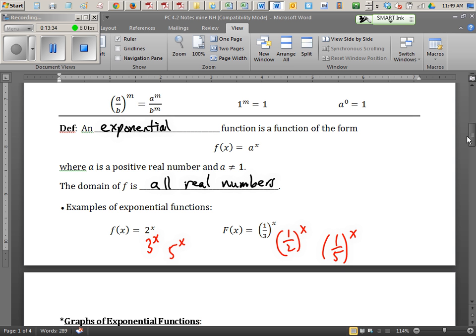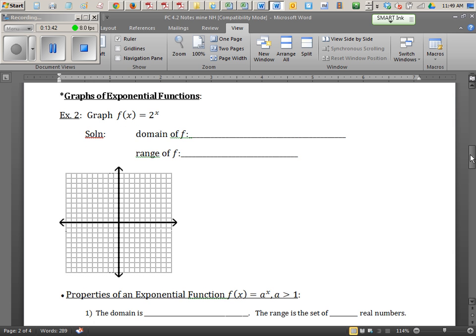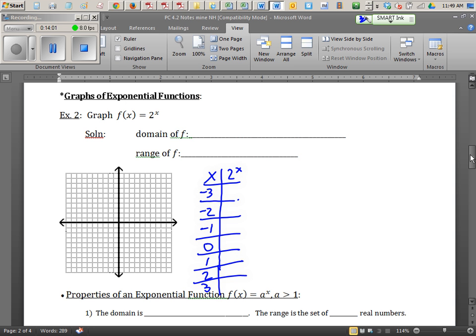All right, let's go to the next page and let's try graphing a simple exponential function, 2 to the x. Okay, so when you run into a new function that you haven't graphed before, or maybe it's been a long time, just make a table. Right? Pick numbers. So I'm going to pick -3, -2, -1, 0, 1, 2, and 3.